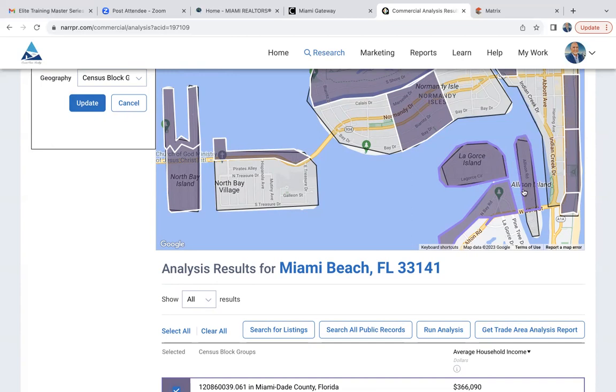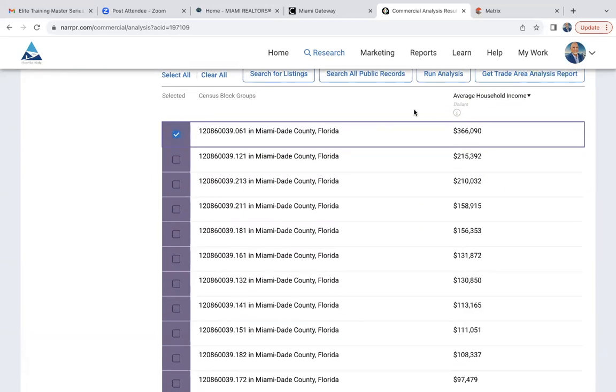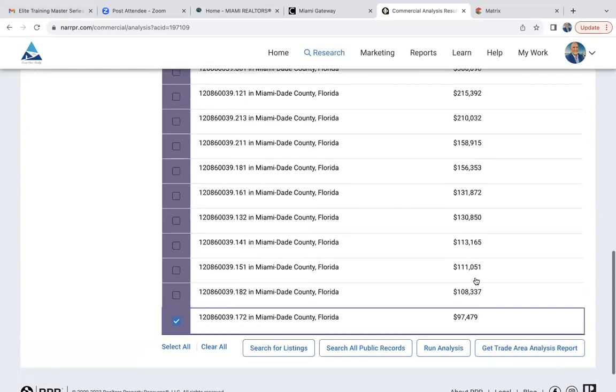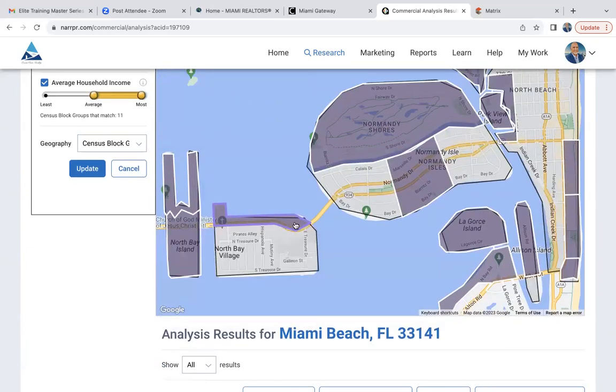You have this Allison Island right here and this little section here of North Bay Road. That is the highest grossing household income at 366,000. The lowest, all right, is 97,479, and that is this area right here in North Bay Village. That would be the lowest.